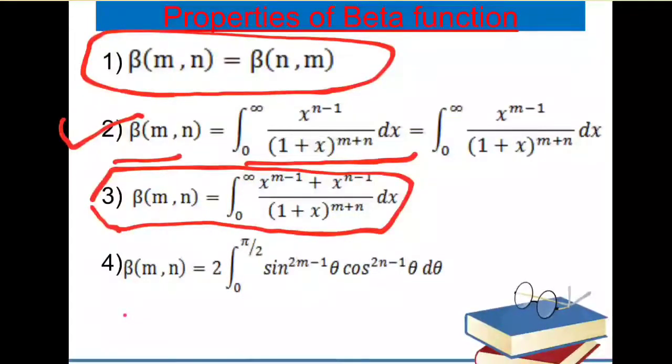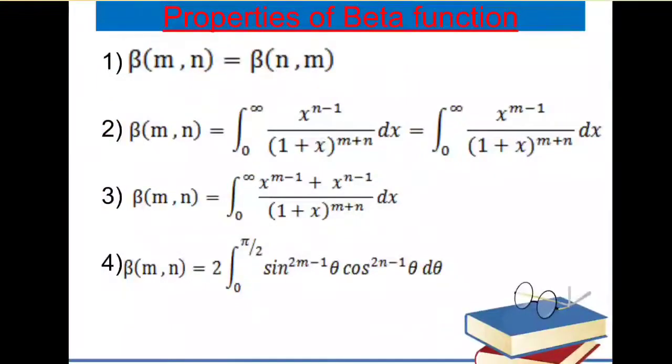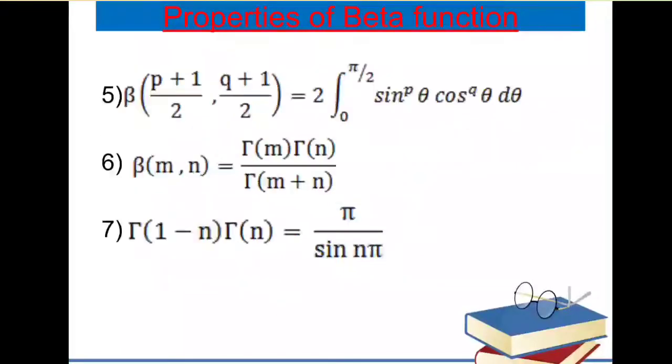Beta we can also write in this form. And the next important property is the fourth, that is beta we can represent in trigonometric functions, that is in the form of sine and cos also. And in this trigonometric function, if we replace the power of sine with p and the power of cos with q, then we get this standard formula.